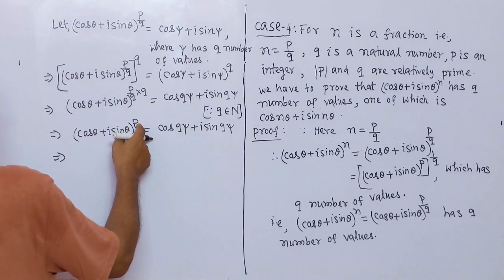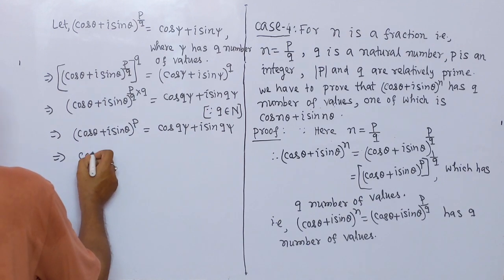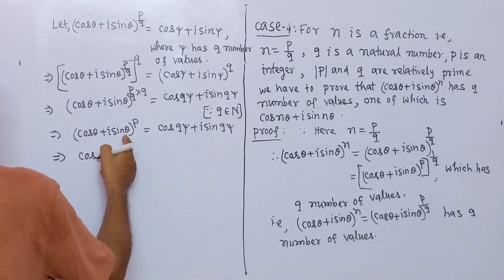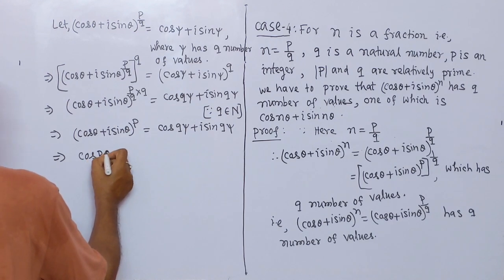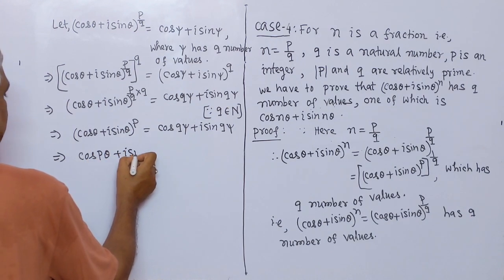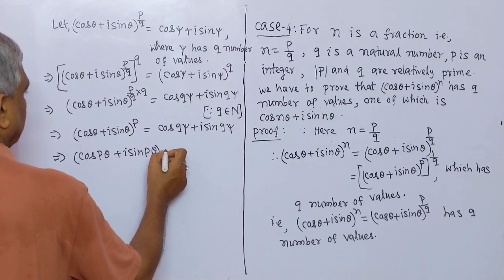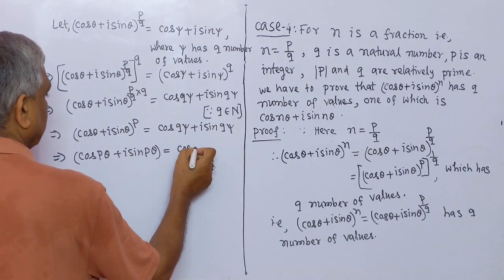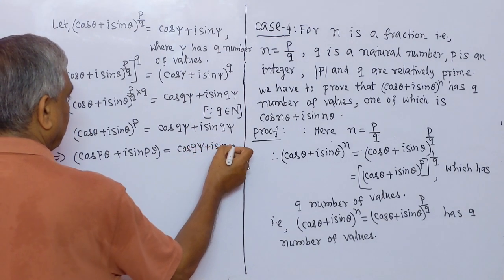Since p is an integer that may be positive or negative, in both cases we have seen that (cos theta plus i sin theta) to the power p equals cos p theta plus i sin p theta. This equals cos q psi plus i sin q psi.